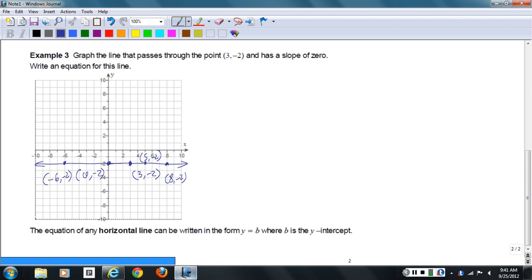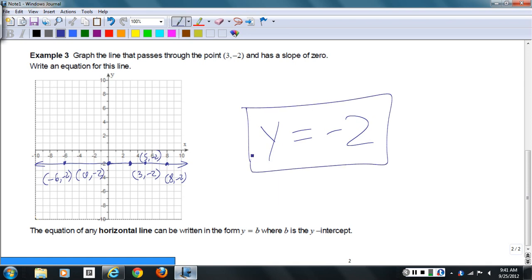So if we write that down as our equation, y equals -2, that describes every point on this line and only the points on this line. Go above it, y is greater than -2. Go below it, y is less than -2. If y equals -2, it's a point on this line, and every point on this line has -2 for its y coordinate. So this is a really good equation for the line.